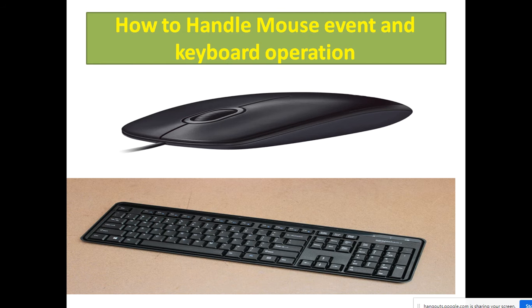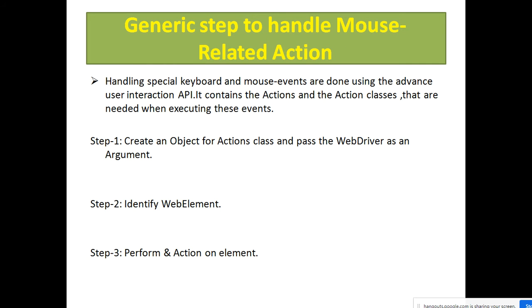The next topic is how to handle mouse events and keyboard operations. Selenium has given another class called the Actions class. We just need to follow some steps, because Selenium already provides all the classes and methods.